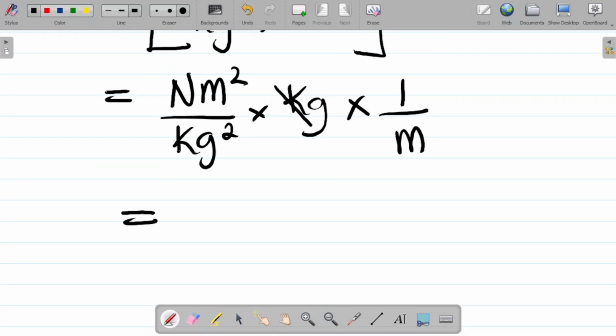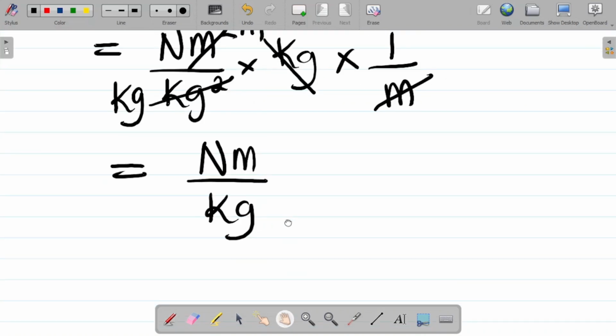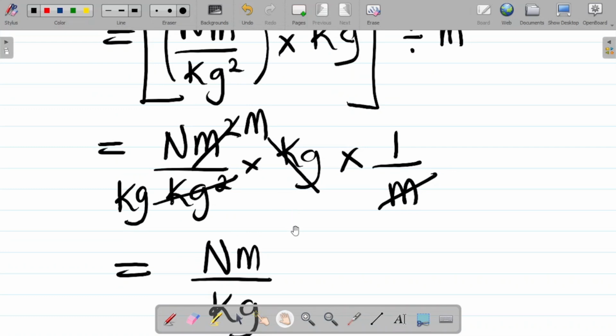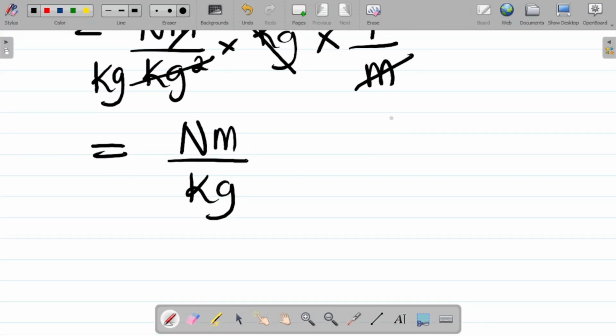From here, kilogram will cancel one of this, so I'm left with kilogram. Also, meters cancel one of this, so I'm left with meters. So I'm left with Newton times meters, which is Newton meters all over kilogram. Now remember the concept of work done. We said gravitational potential is the work done in moving a unit mass from infinity to that point, and work done is simply force times distance. Force in Newton, distance in meters.